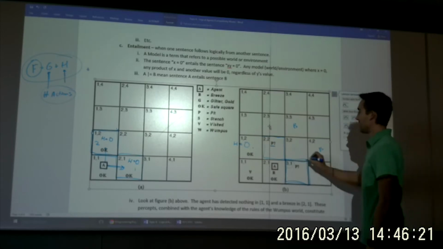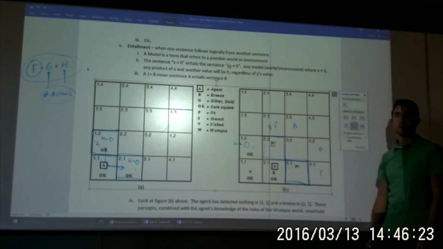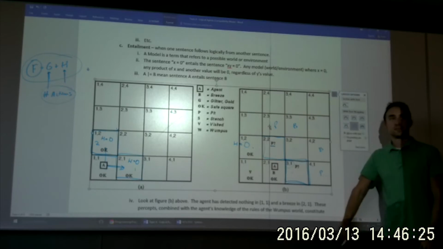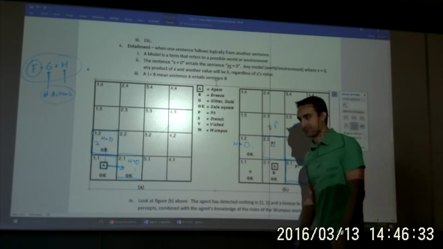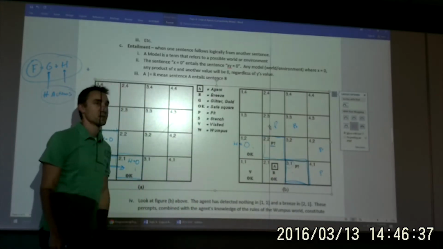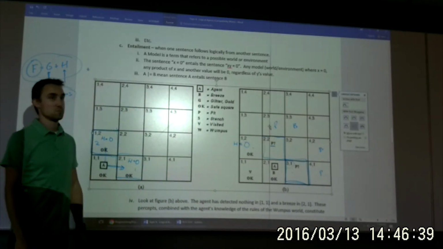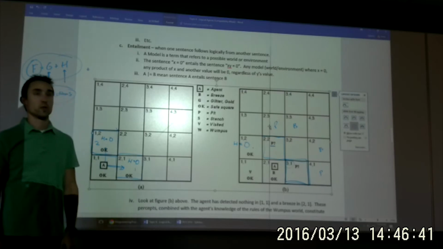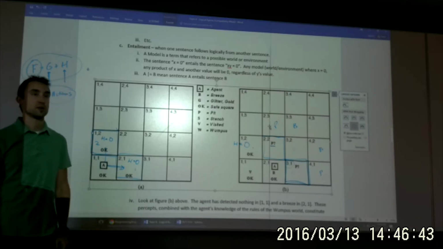No. We could have a pit here and a pit here, and that's it. Just add 1 based on the number of adjacent breezes. So it's a little bit more risky the higher that value is, the more breezes adjacent to it.